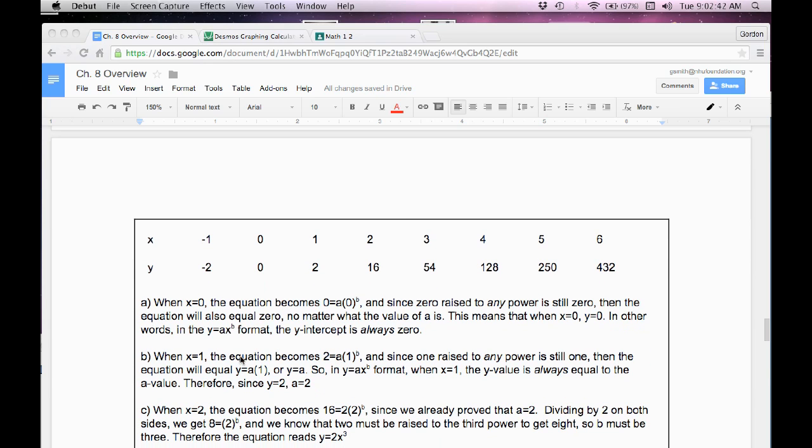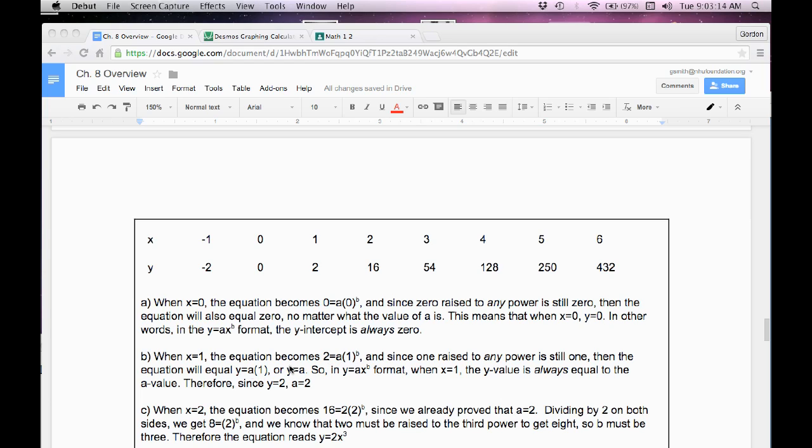When x equals 1, the equation becomes a times 1 to the b. And since we know that y is 2, and we know that 1 raised to any power is still 1, then the equation will equal y equals a times 1, because the 1 isn't going to change with that b.